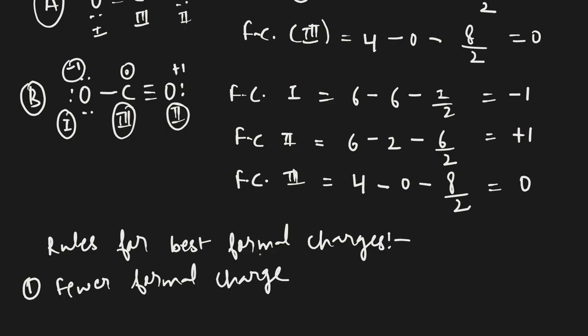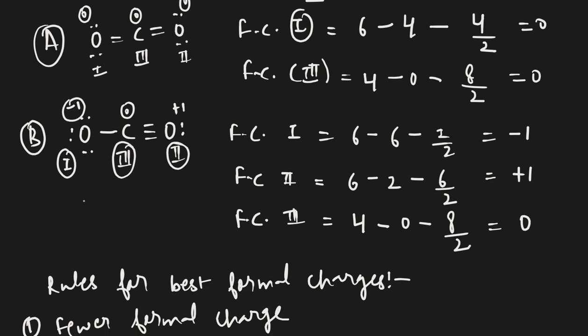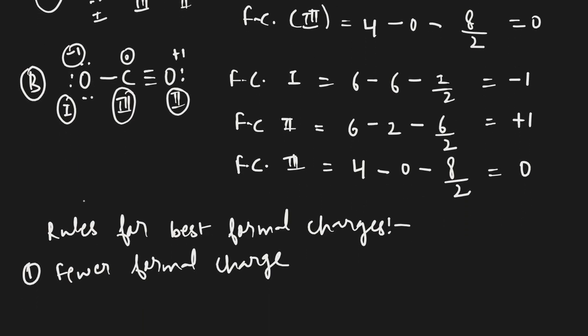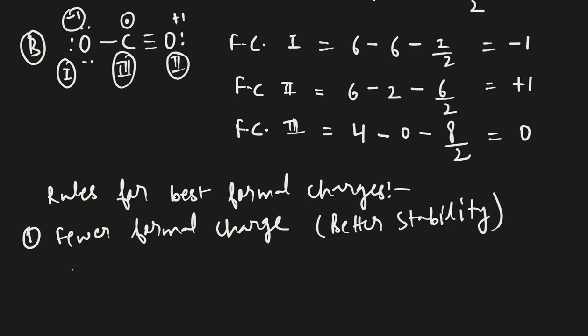What does it mean? It means in any molecule, if any of these atoms has fewer charge, it is going to have better stability as compared to an arrangement where there is a possibility of more charges. So this is better stability, and stability is inversely proportional to the energy, so that means it has a lower energy. Secondly, lower magnitude.